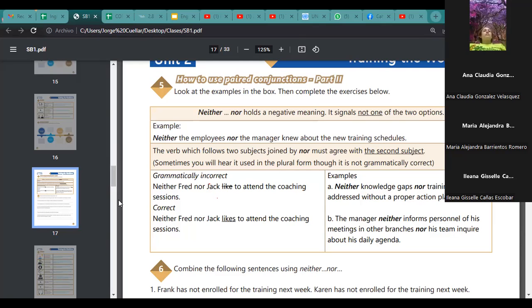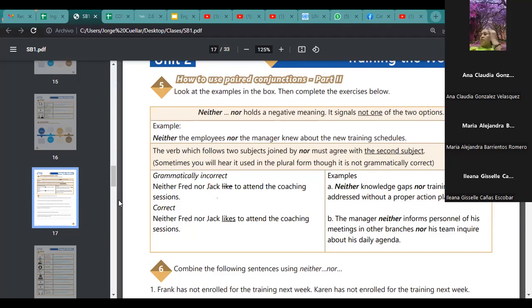So this is a little bit more about neither and nor. The first thing, as we remember, is that both have a negative meaning, right? So not one of the two options is going to be true or something that you're going to do. For example, neither the employees nor the manager knew about the new training schedules, okay?